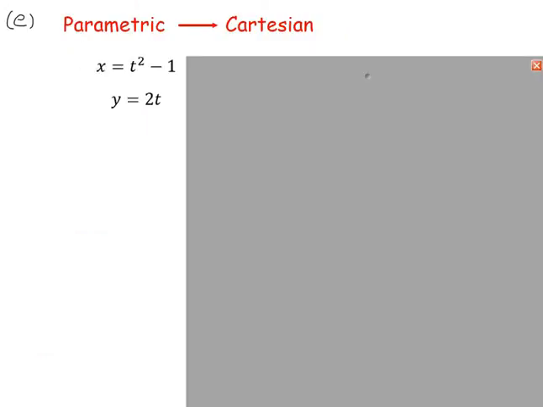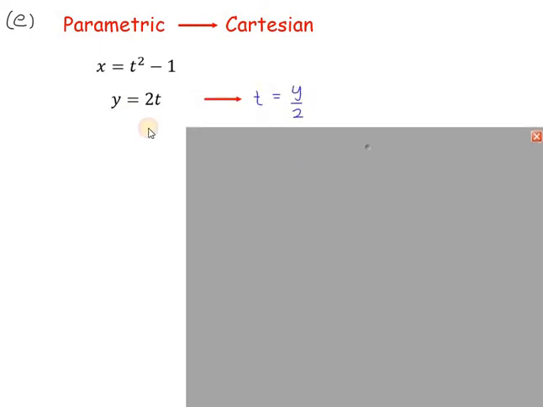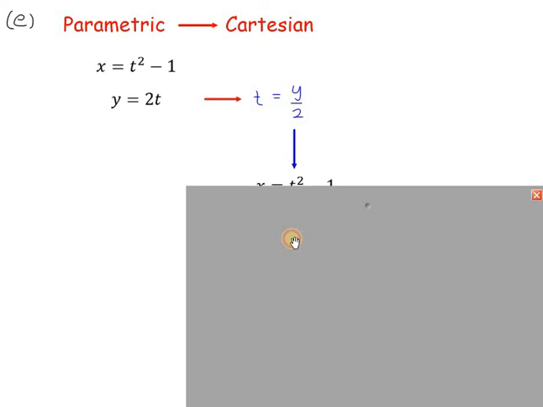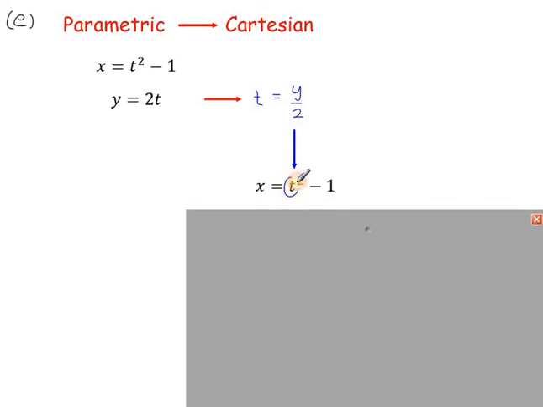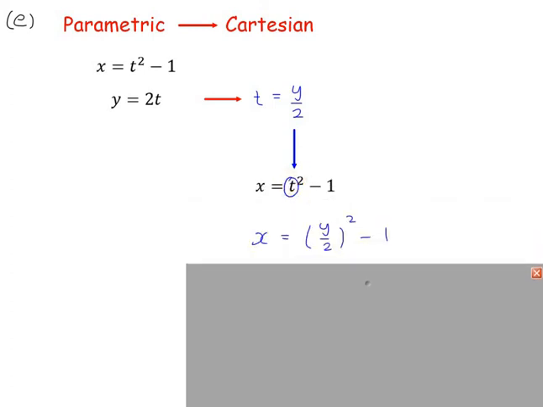Now sometimes we want to change our parametric equations back to equivalent Cartesian form. So for the parametric equations here, I take y equals 2t and rearrange to make t the subject, and then I substitute this into here, like so.